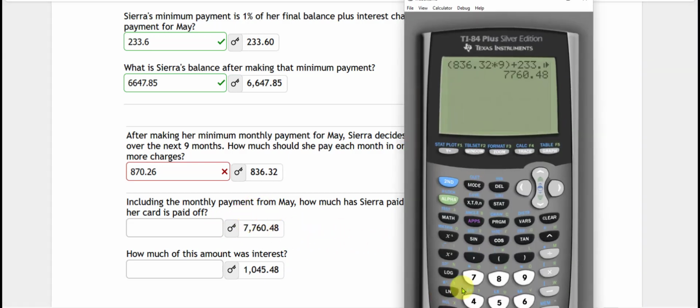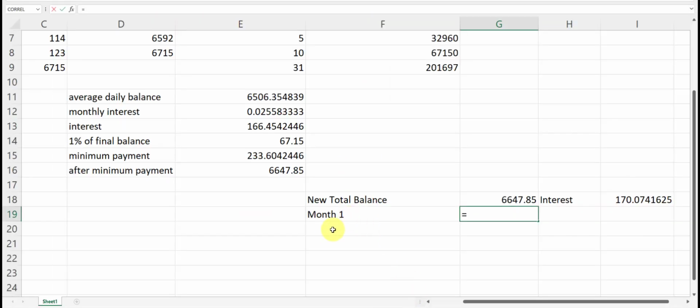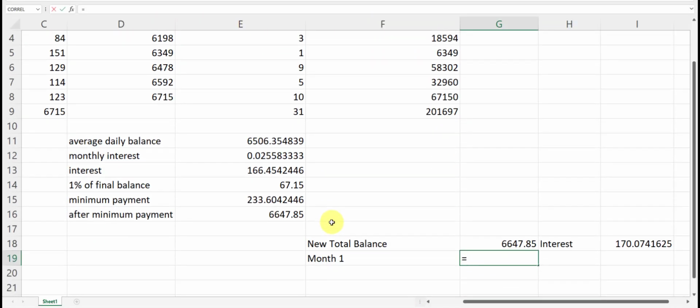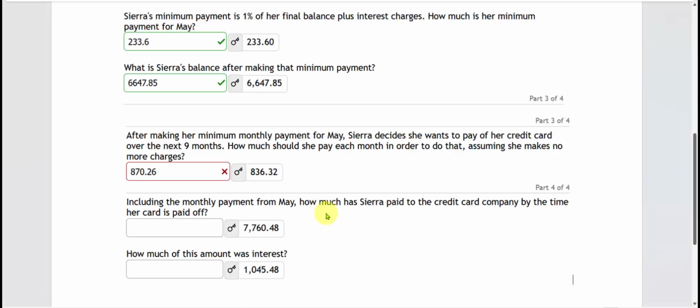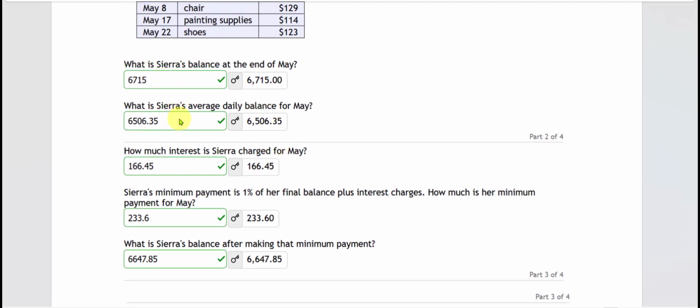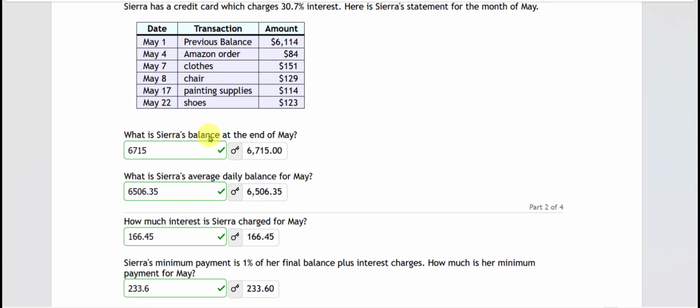So we take this amount, right? We subtract the initial amount that she borrowed, the initial unpaid balance. Remember, we have the unpaid balance, right? That is that value. Or we can look back at the beginning: what is the balance at the end of May? So if we add everything up, that is the initial value, 6715.